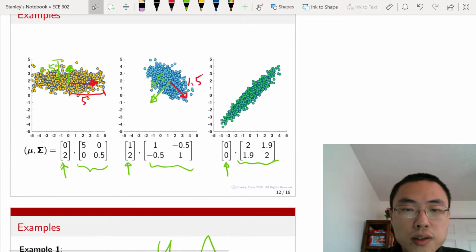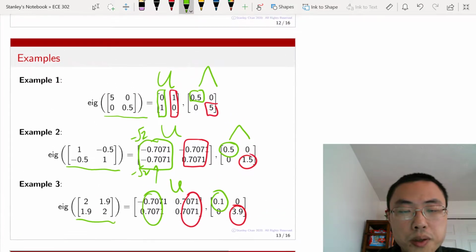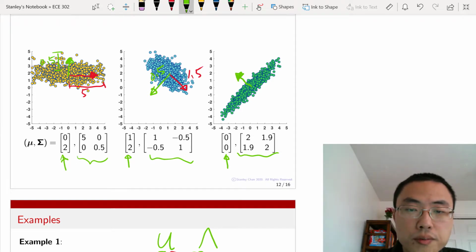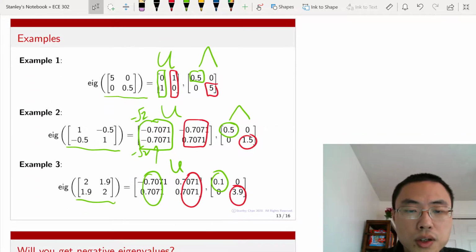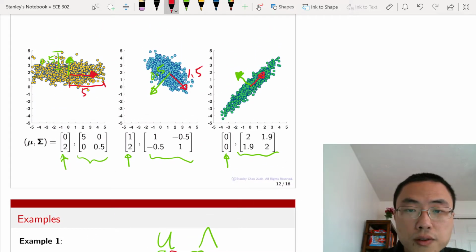The direction is minus and plus, so it will be along this direction because it is going to the left-hand side and going up. The other direction is plus plus, and so you have this direction.